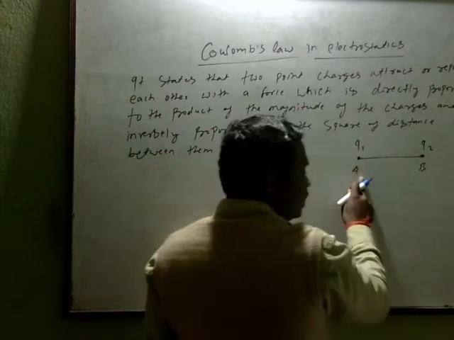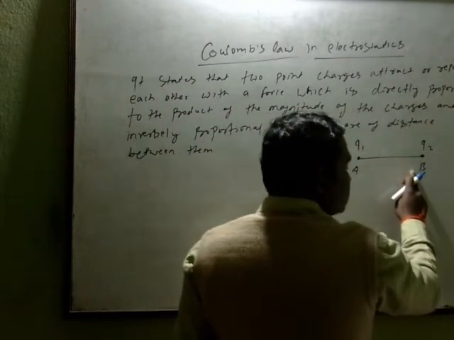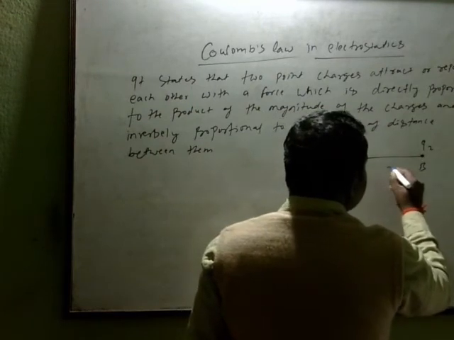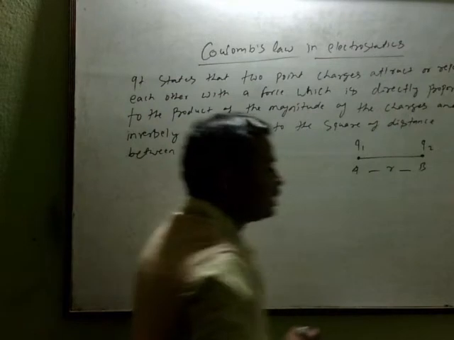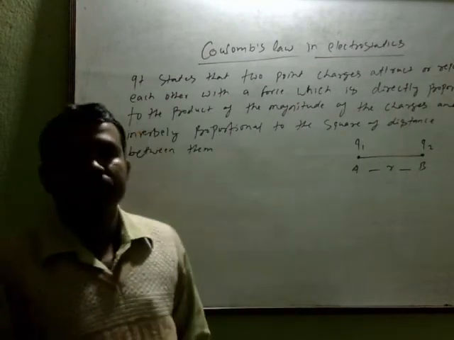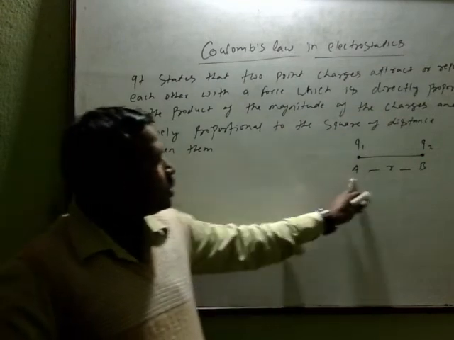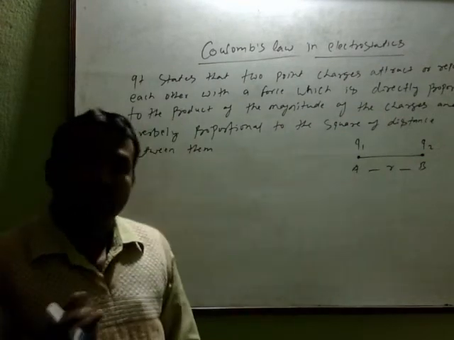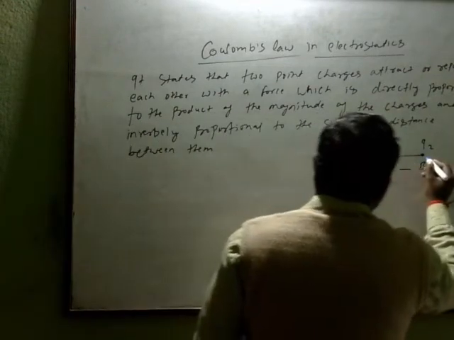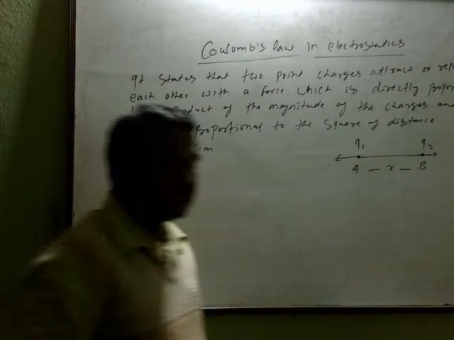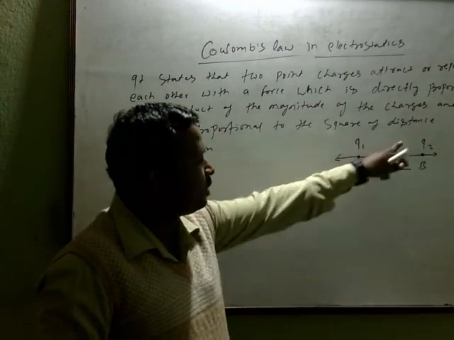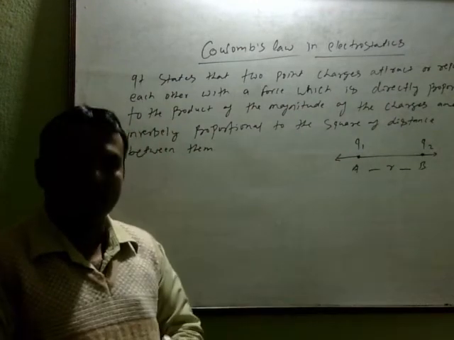Q1 is placed at point A and Q2 is placed at point B, and the distance between them is, suppose, R. So suppose these two charges are alike, what will happen? They will experience force, but it will be repulsion. And if one is positive and another is negative, then it will attract.